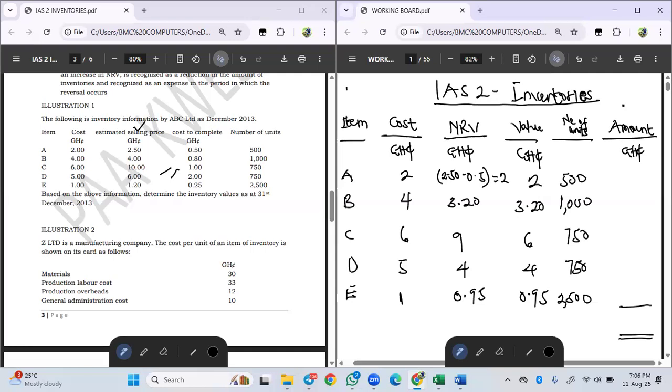So we have 1,000, 3,200, 4,500, 3,000, and 2,375.